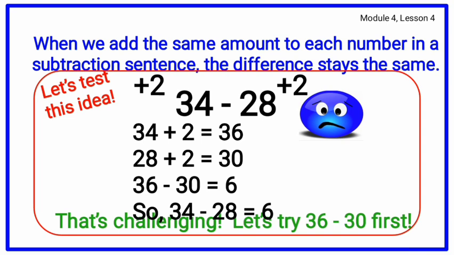So 34 minus 28 is 6. See? The rule says when we add the same amount to each number in a subtraction sentence, the difference stays the same. That is the rule.